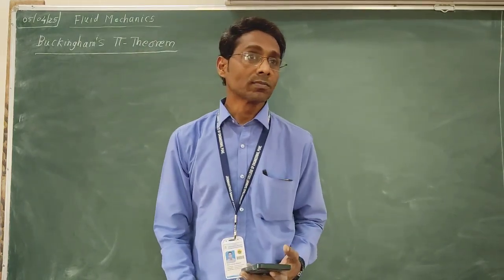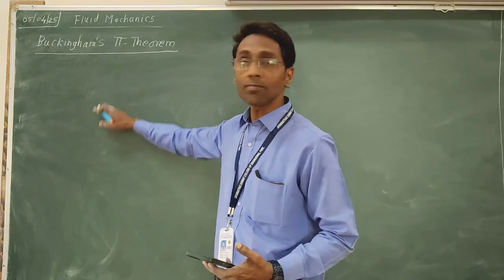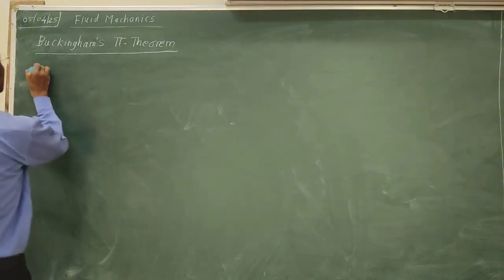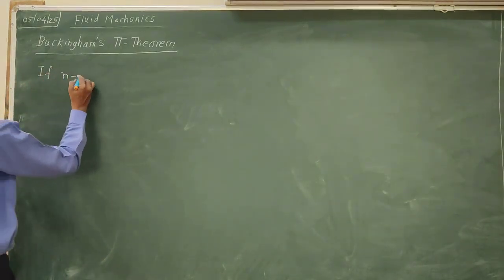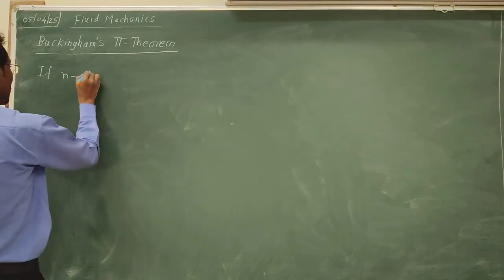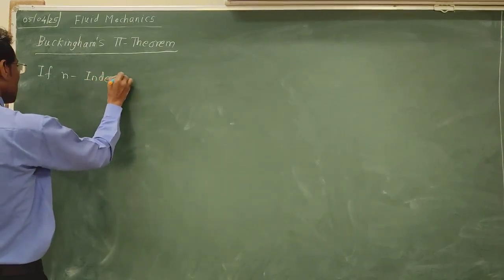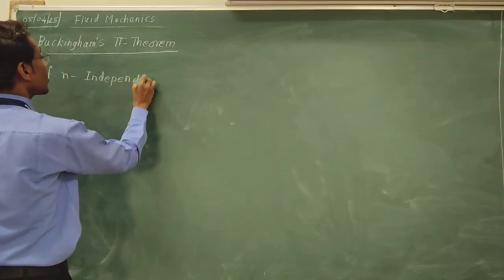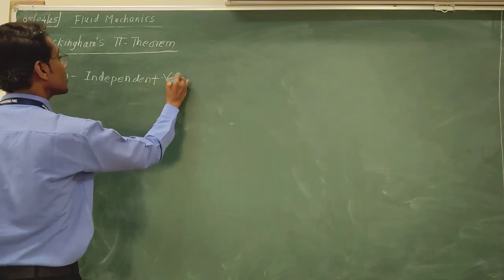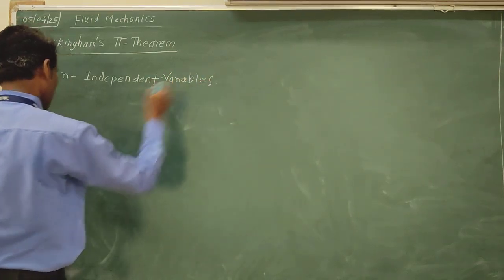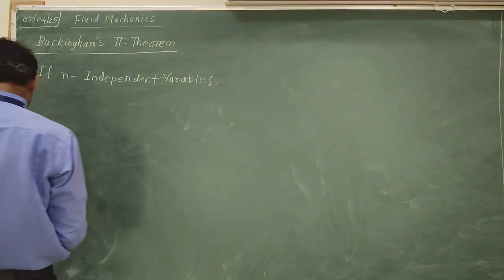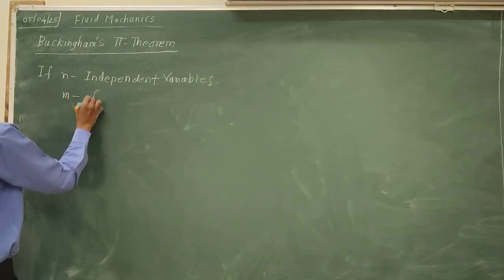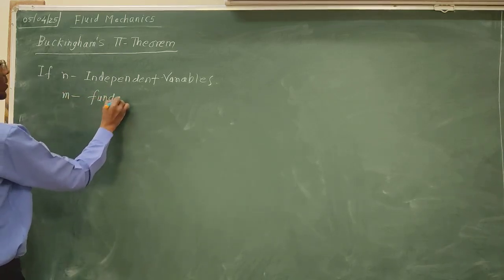Dimensionless forms. And how to form them? For that there is a mathematical technique, so write down here. If a problem contains n number of independent variables in a dimensionally homogeneous equation, then it will contain m number of fundamental variables.